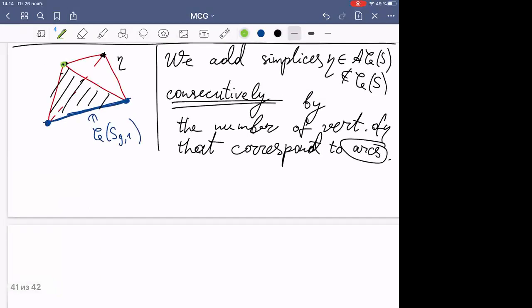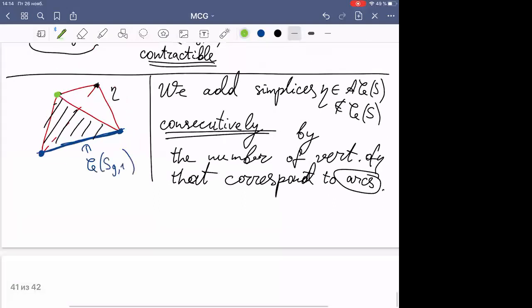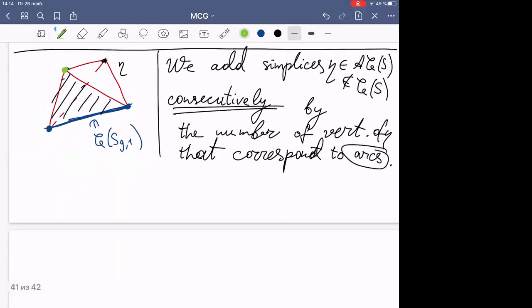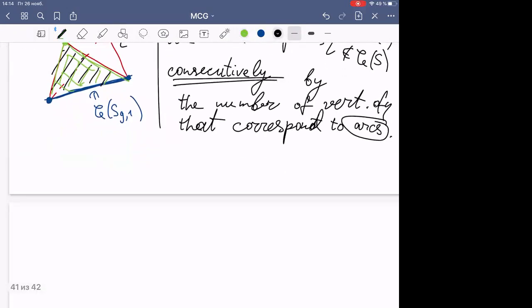Look, we first add vertices, add all simplices that contain exactly 1 arc, which is not a curve. So we add this arc and all simplices like that. Let us consider this particular step in more detail.